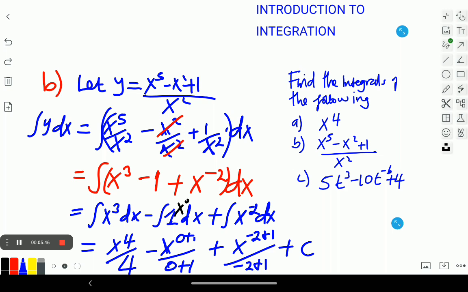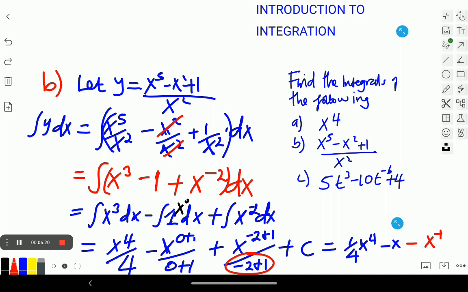And now what shall we get as the final answer? It will be 1 over 4 x power 4, and then this one resolves into minus x power 1, and then this one will give us a minus, so we shall have minus x power negative 1.